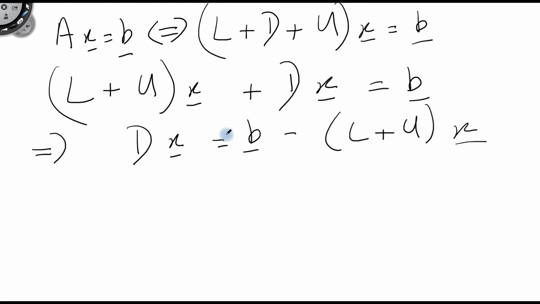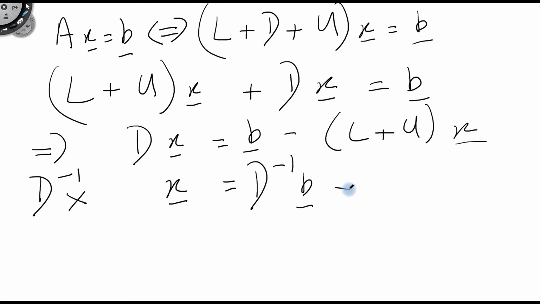Then to get x on the left hand side, remember we've got matrices here, we don't divide through by D. We multiply by the inverse of D. Okay, so that gives us x equals inverse of D times b minus inverse of D times L plus U of x.